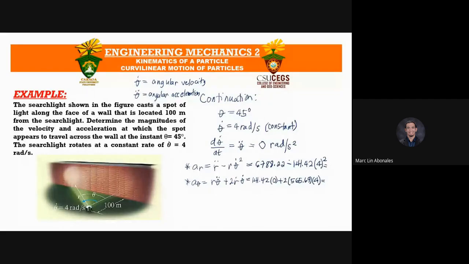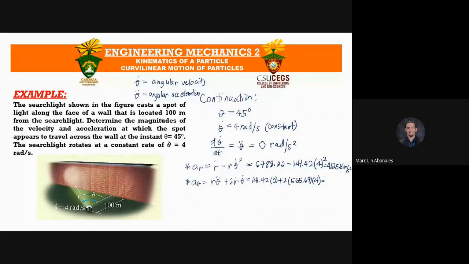What is the value of our a_r? It is 4,525.51 meters per second squared. Take note, meters per second squared, because that is an acceleration.